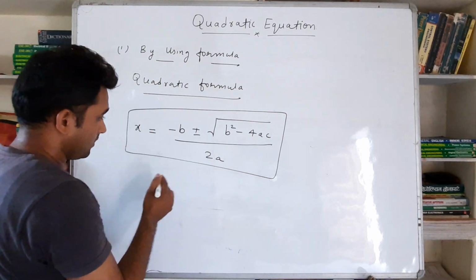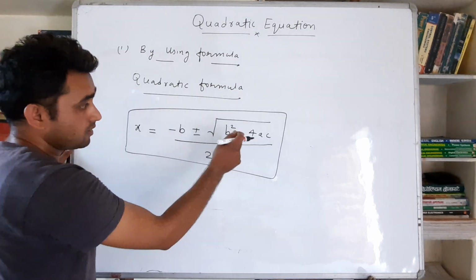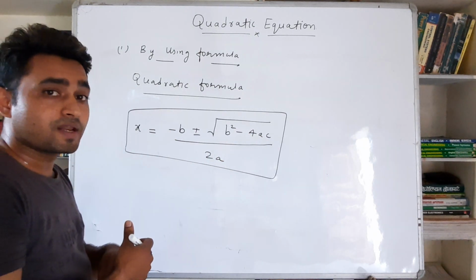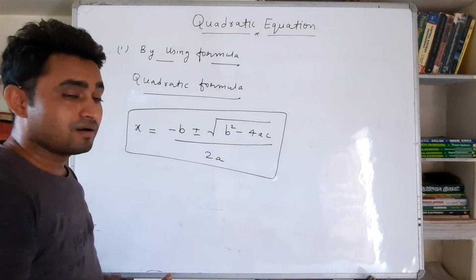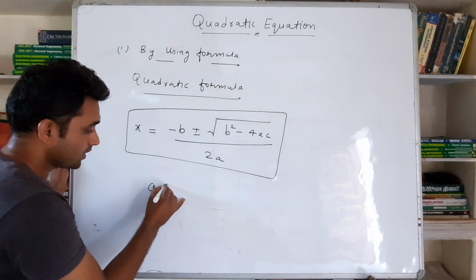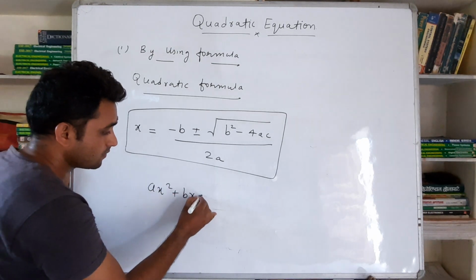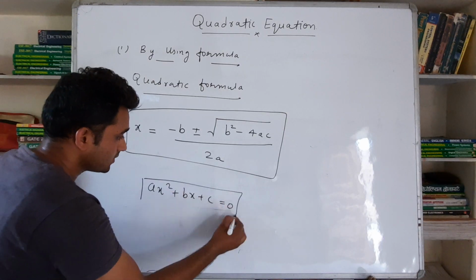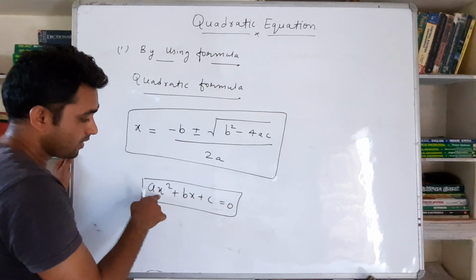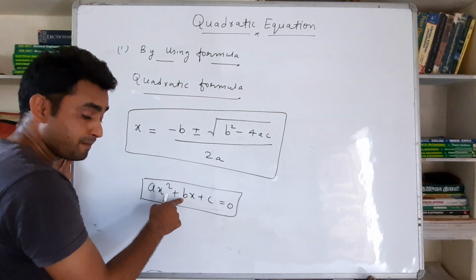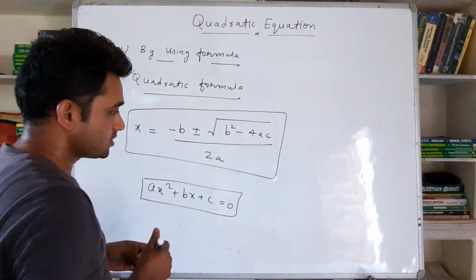where b, a, c are all coefficients of the corresponding quadratic equation. This is the standard form of the quadratic equation. So a is the coefficient of x square, b is the coefficient of x and c is our constant term.